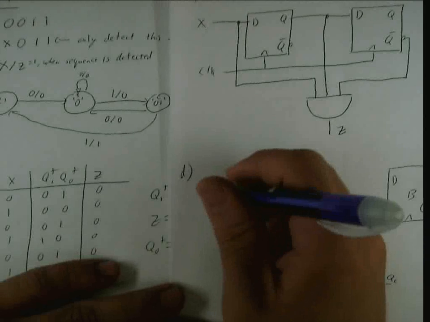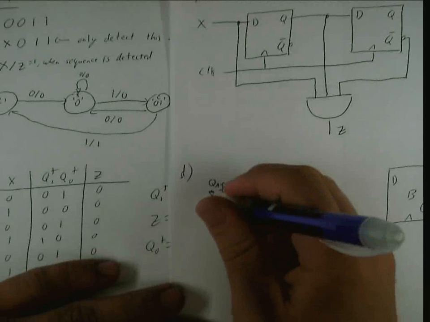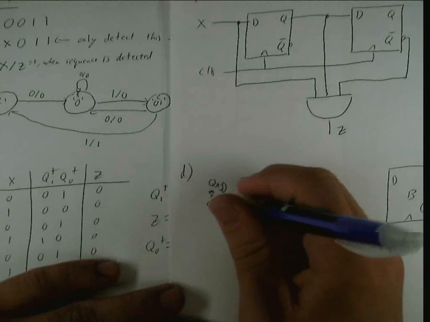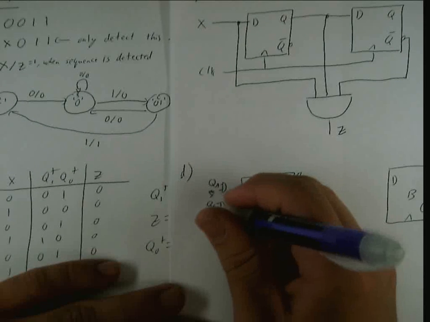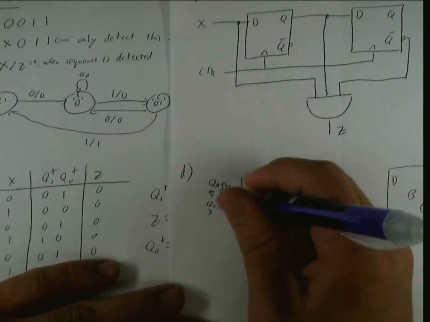Oh, sorry, this is not with X bar, this is just with X, and then QC ANDed with X, and then that's just ORed together.